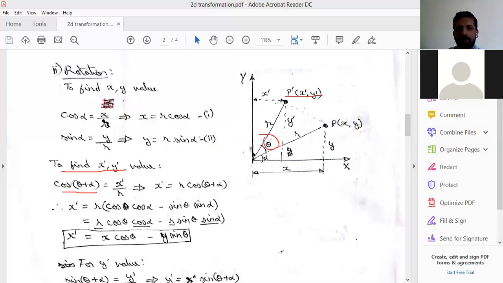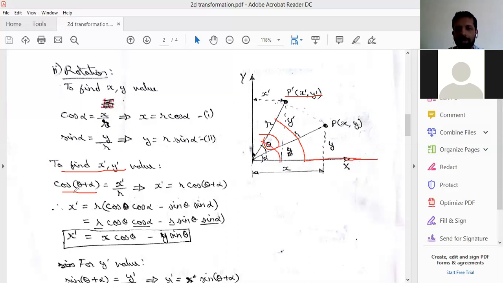It is cos of theta plus alpha, because this point is already at an angle of alpha from the x axis, plus if it has to reach till here, all the angle measurements are always taken from the x-axis, so it becomes theta plus alpha put together.